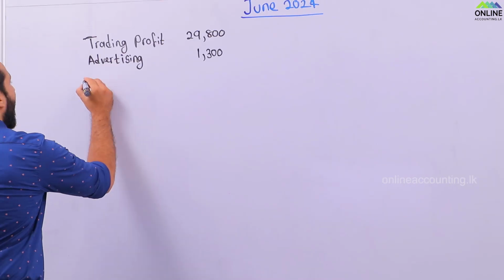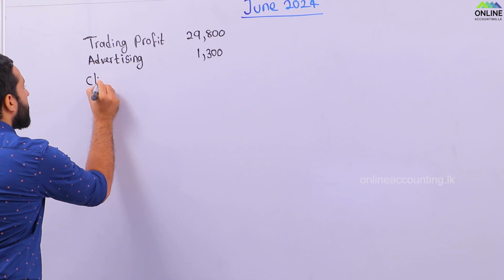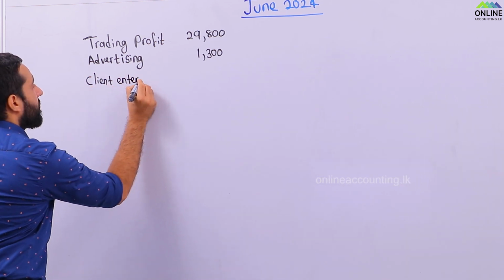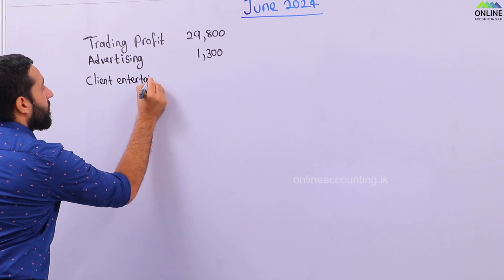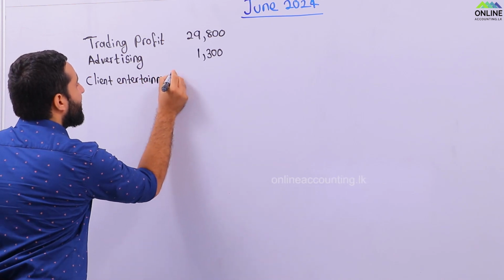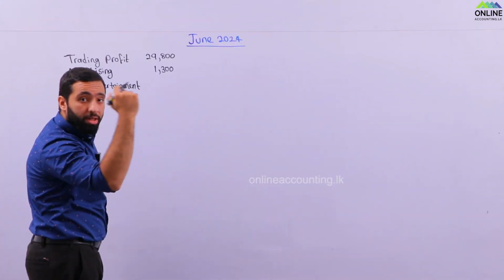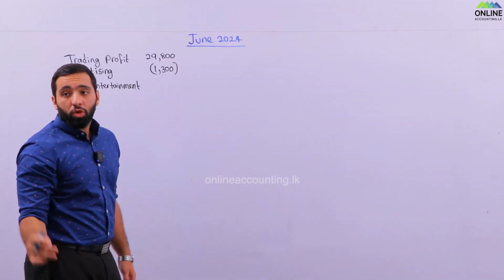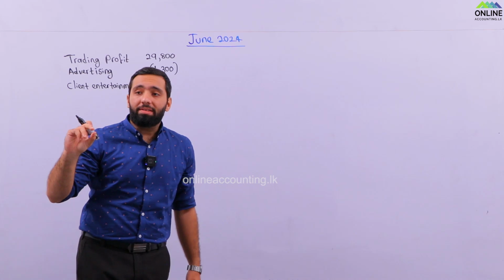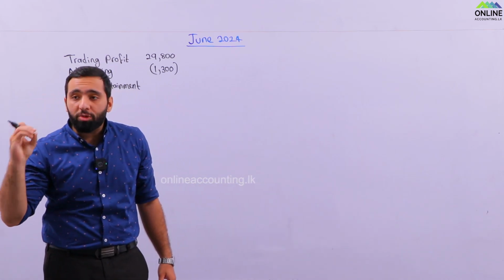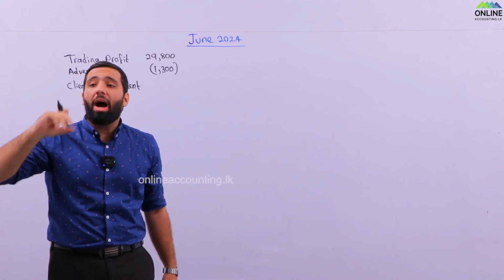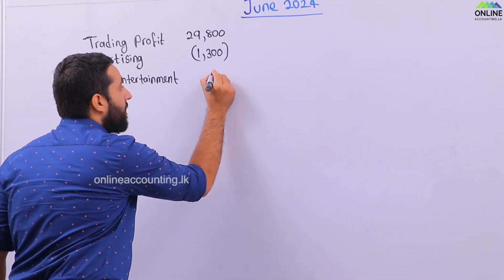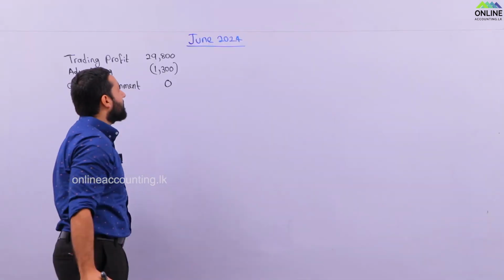So the client entertaining, you cannot reduce this. The trading profit, these adjustments are not made yet, so you don't need to do any adjustment, but make sure you show this as 0.